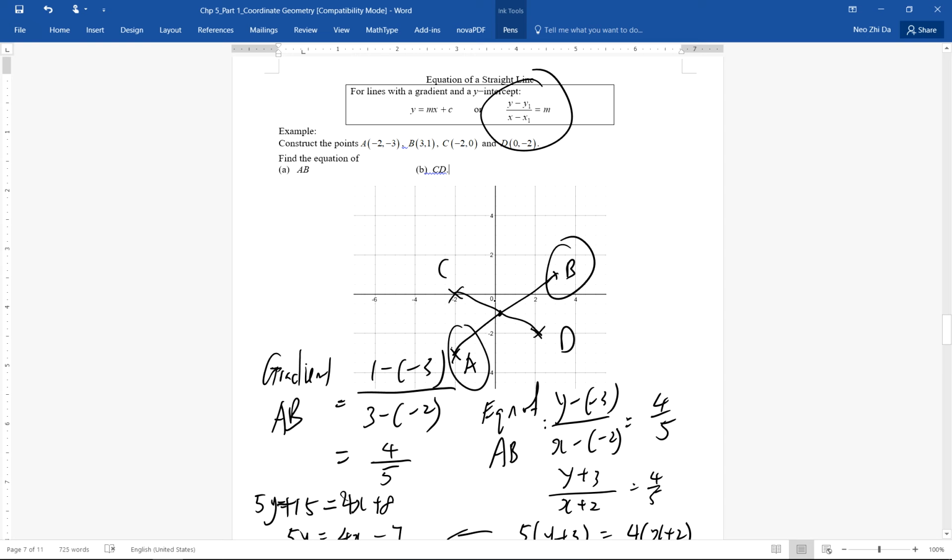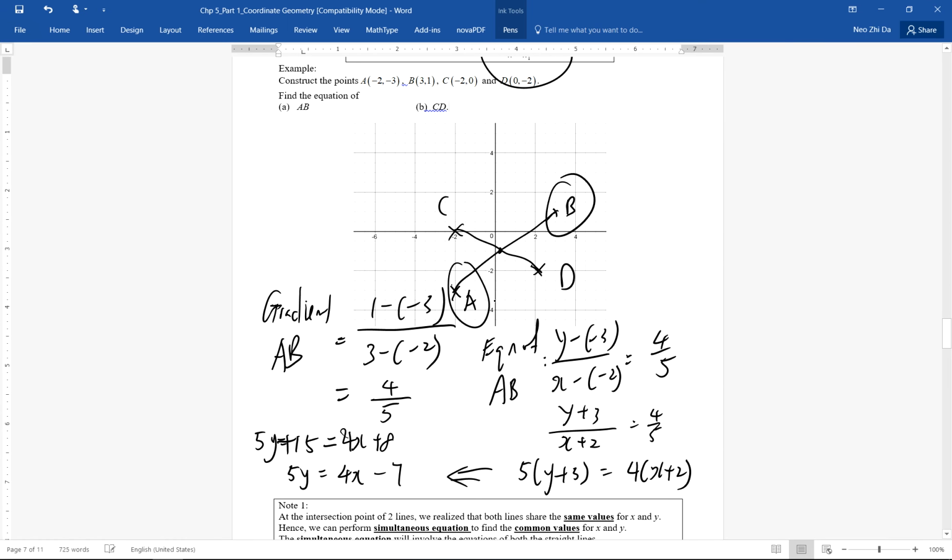Do you remember in Secondary 2 simultaneous equations, you also learned how to find x and y values when provided with two equations. So basically now, if I provide you with this equation AB, it's going to be 5y equals 4x minus 7. Then if you find the equation of CD, it will be another equation.